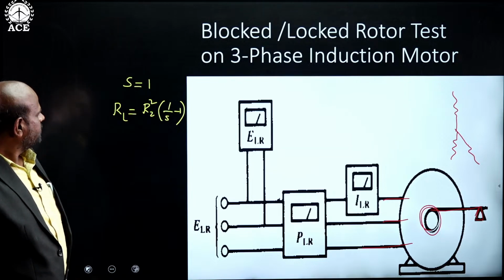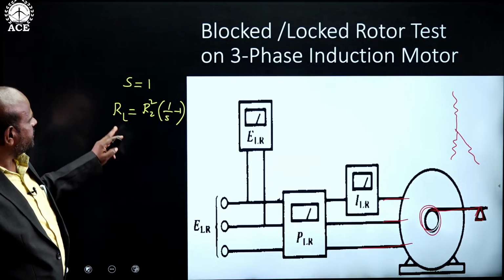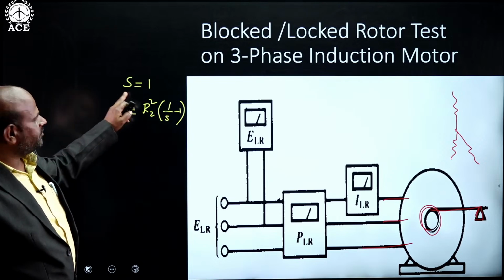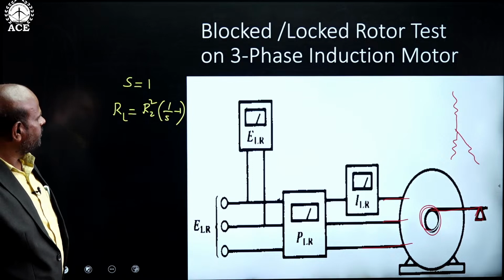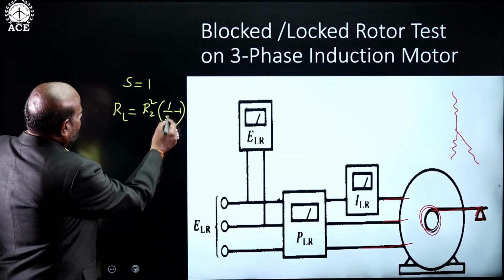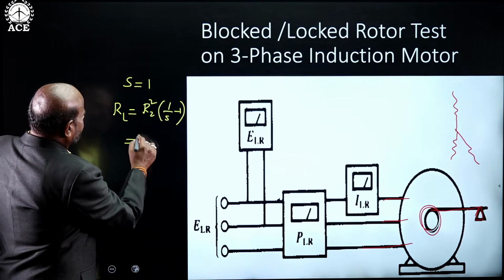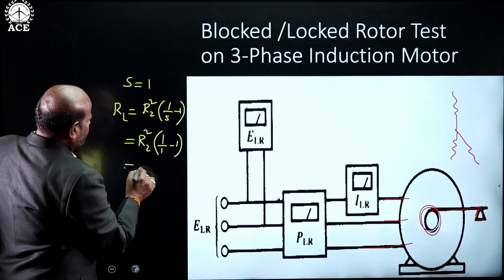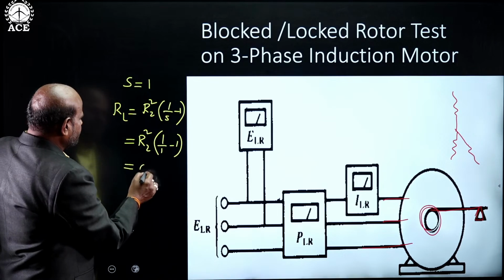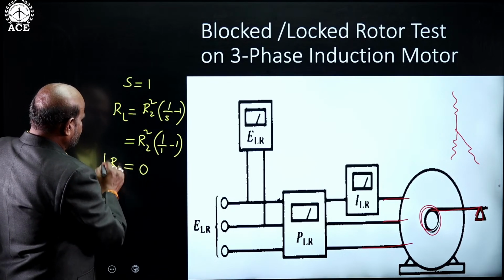So at standstill condition, when the rotor is blocked, slip will be 1. So RL equal to R2 square into 1 by S minus 1. So when slip is 1, R2 square is 1 by 1 minus 1. So 1 minus 1 is 0. RL is 0.